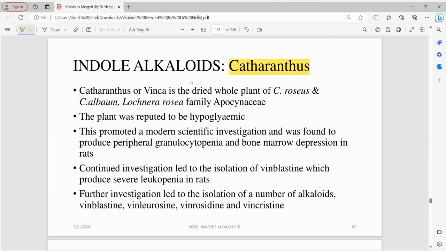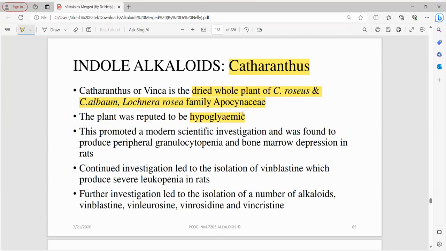So secondly, now we have the Catharanthus, Catharanthus roseus. Now for this one, the source, just as a summary first. Catharanthus roseus or the Madagascar periwinkle.